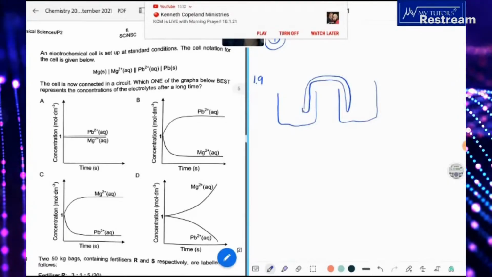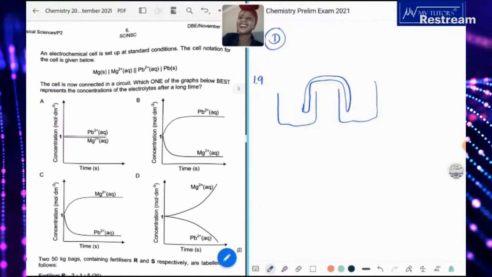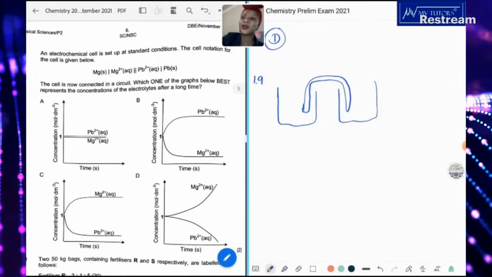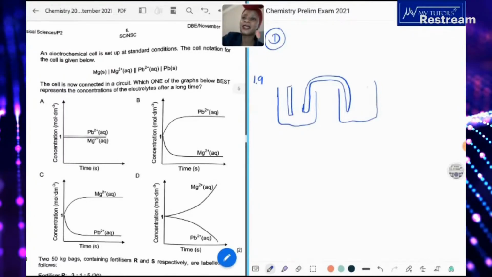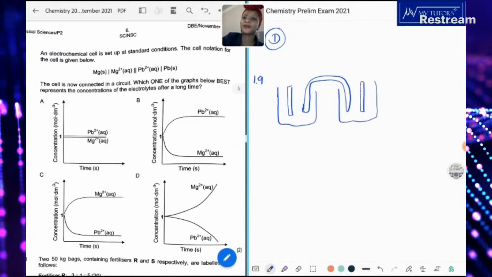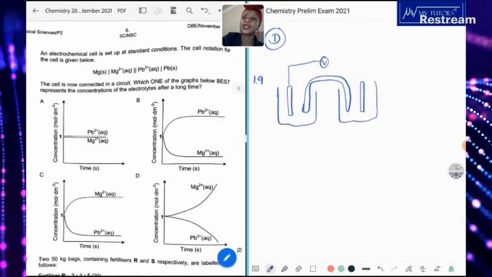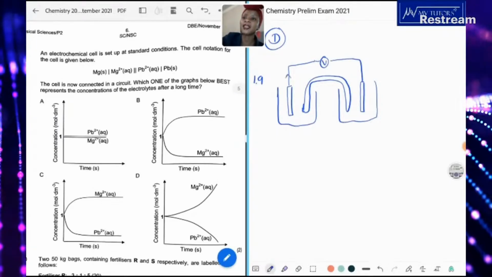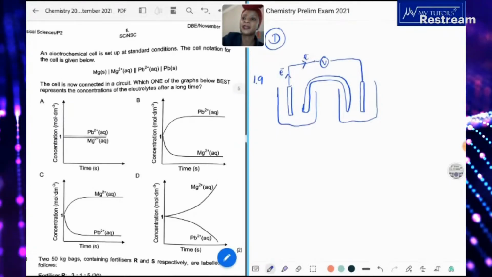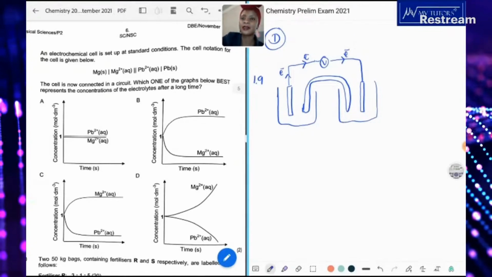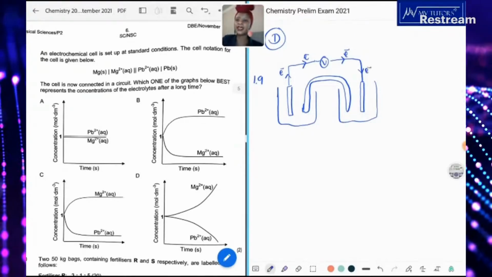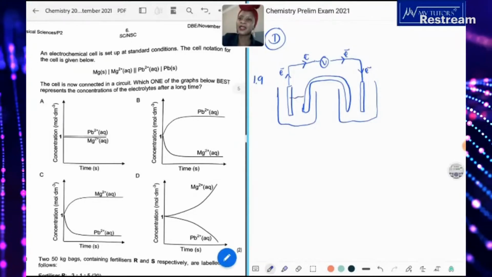Oh my gosh, that salt bridge looks terrible. And you have your anode and your cathode. I'm choosing to put it that side. And then you have your voltmeter reading over there, and the electrons are going that side.